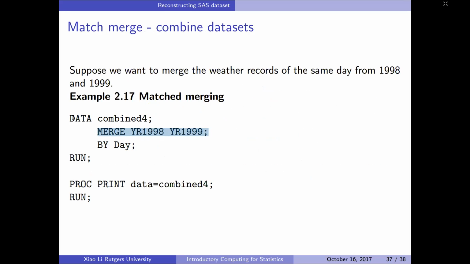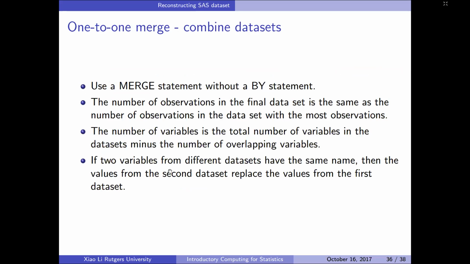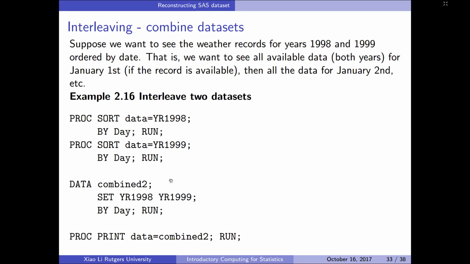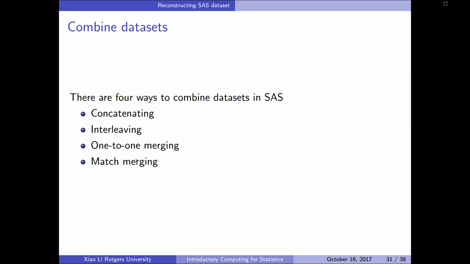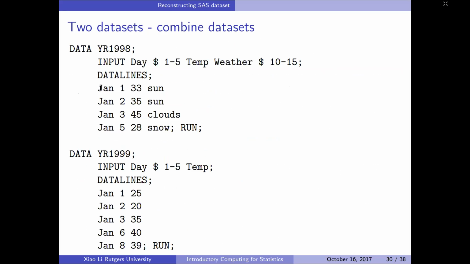If you write it this way, we'll look at the combined dataset. We'll have only one January the 1st observation with the temperature as 25. The variables from the second dataset will overwrite the first one, but we'll still keep the weather observations from the first dataset.